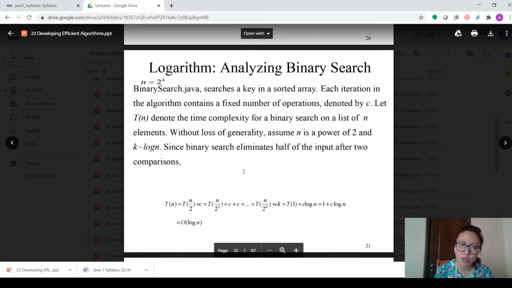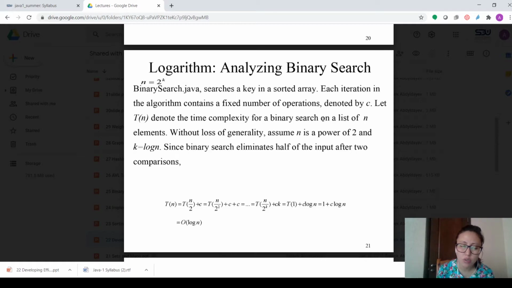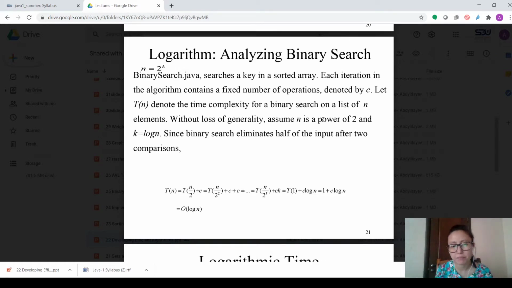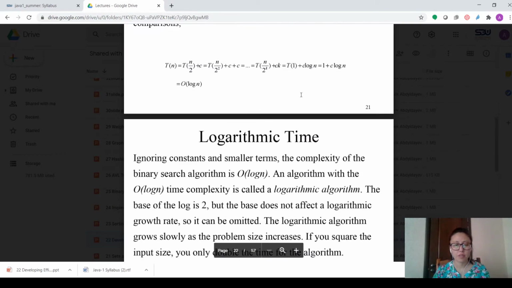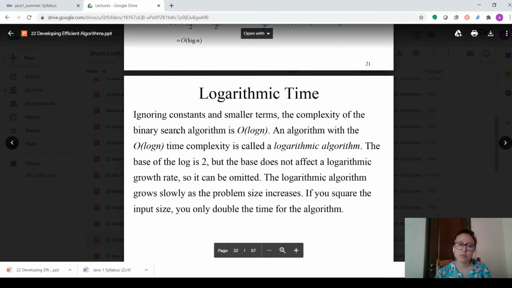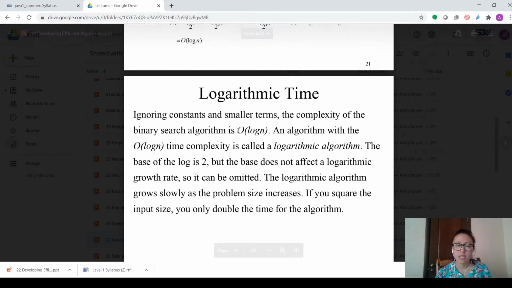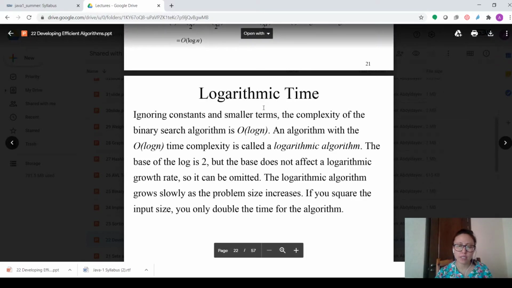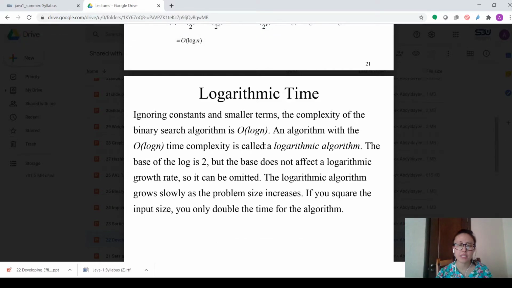The big O notation of binary search then will be log n. Ignoring constants and smaller terms, the complexity of the binary search algorithm is O(log n). An algorithm with O(log n) time complexity is called a logarithmic algorithm.